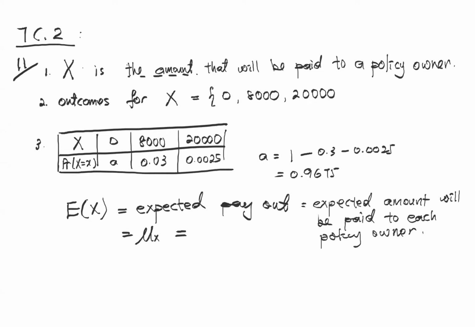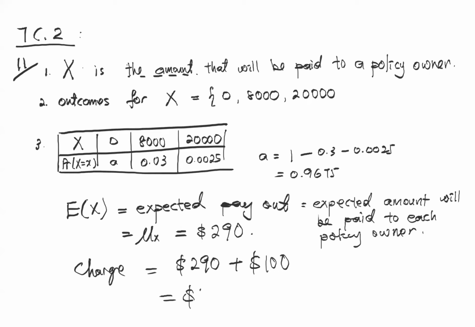You see or not? So what is the answer? 290, correct? So this is the cost for the company. So now how much do I charge? It will be the cost plus the return. So that is 390.